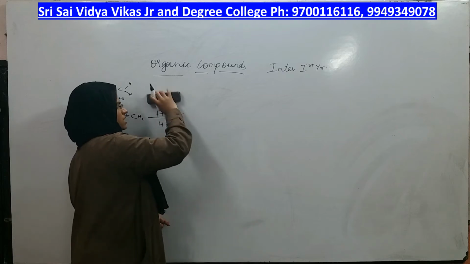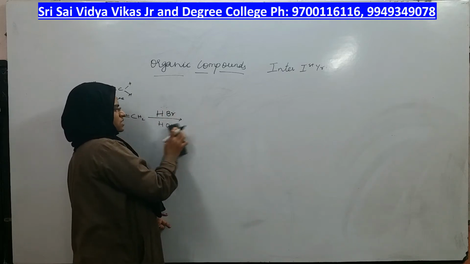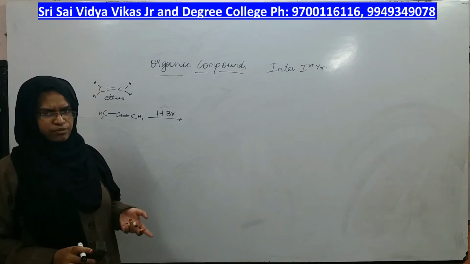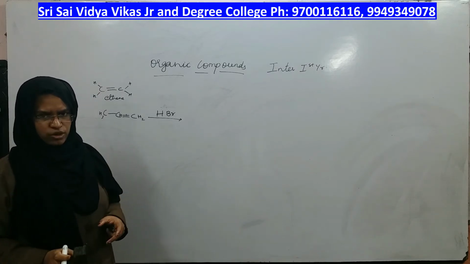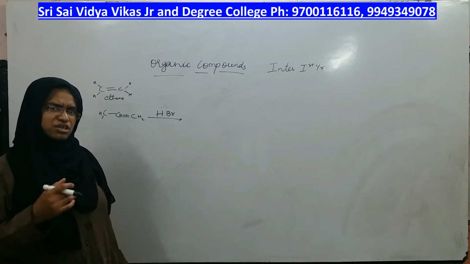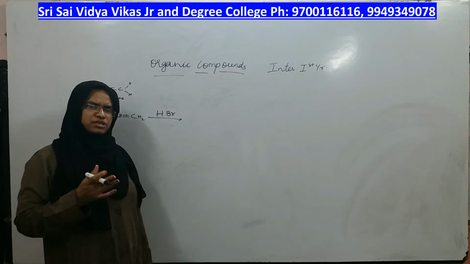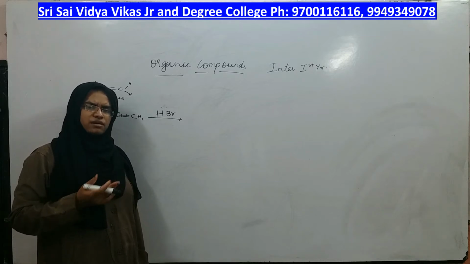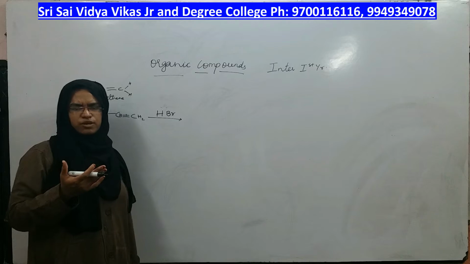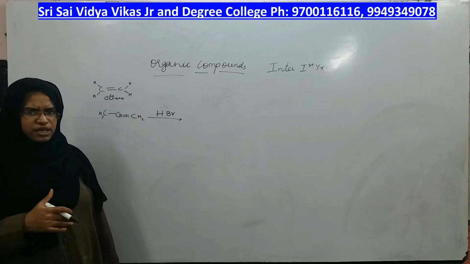When an unsymmetrical alkene is added with unsymmetrical reagents, there are two possibilities to get a product. You will not get only one product, you get two different products, out of which one becomes the major product, around 90%, and the other becomes the minor product, 10%, or whatever may be the ratio, but the major product will be more and the minor product will be less.